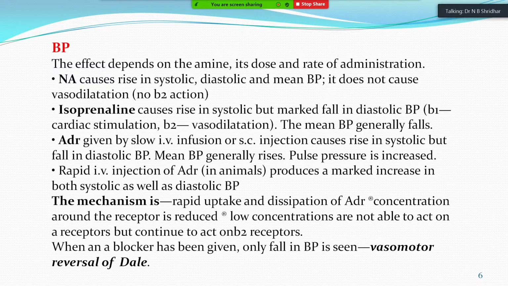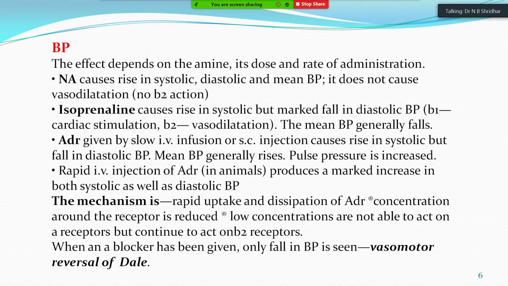So initially the affinity of the beta 1 receptor is more, and most of the adrenaline is going to occupy that receptor, and later the beta 2 type of receptors are going to act.